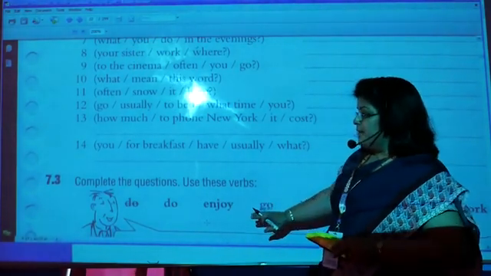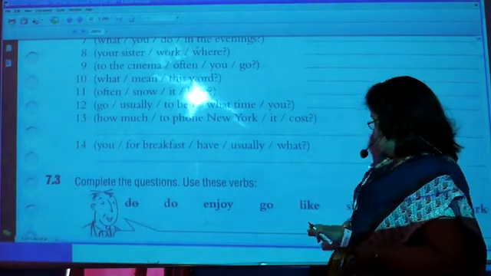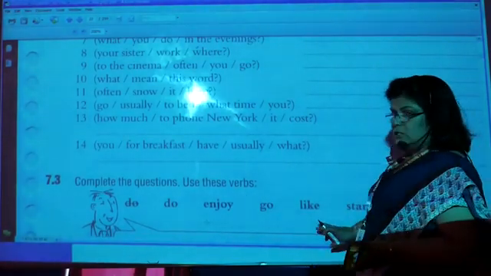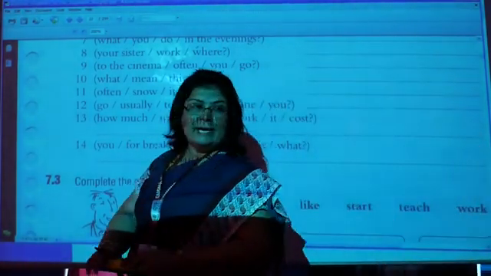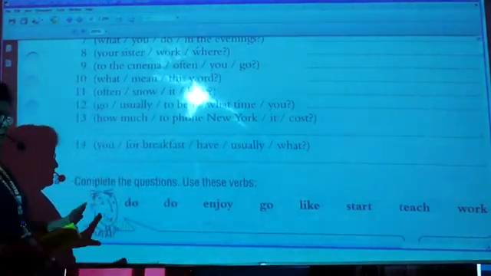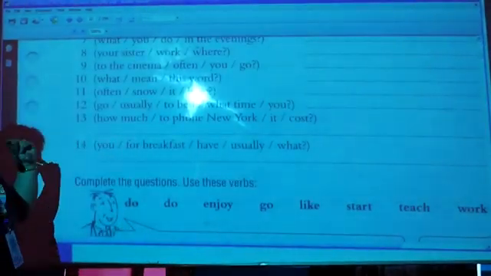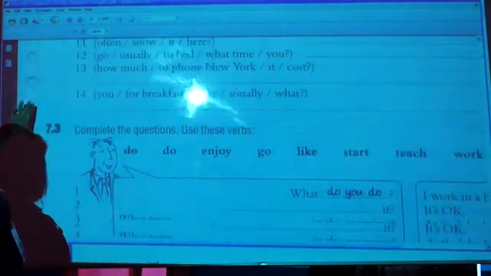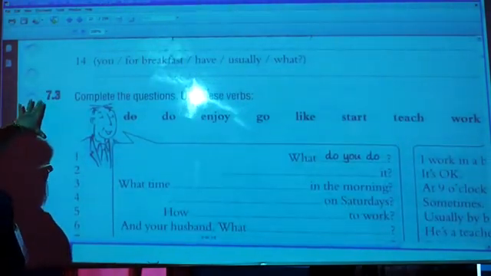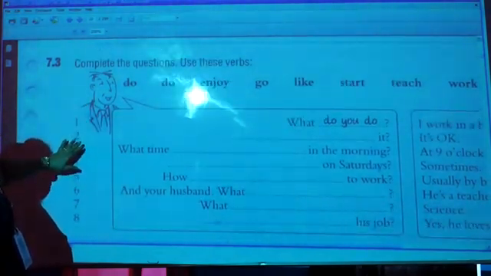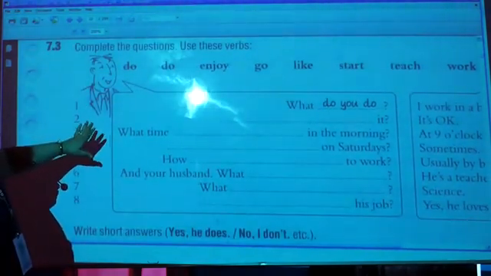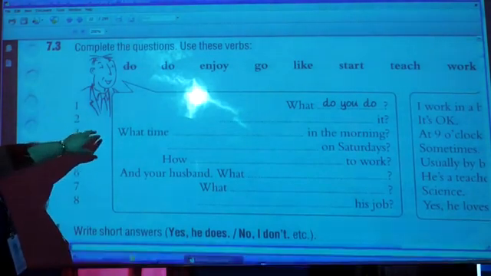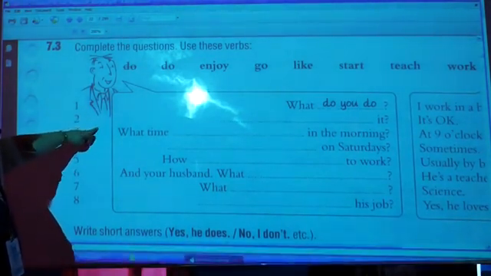Our next exercise is complete the questions using these words. As you all know how to do this exercise, still let us see how to do it in short. Quickly we'll just see and we'll move ahead. See, it is given, what do you do? I work at bank. Okay, next, dash it.